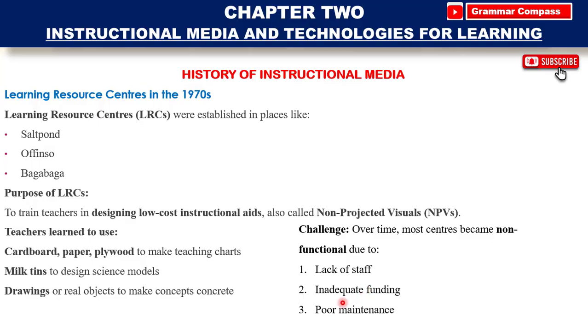And three was poor maintenance of the equipment and the facilities. So while the idea behind the learning resource centers was excellent, the challenge was sustaining them over the years. This part of our history reminds us that innovation in education doesn't always need to be high-tech. It can even be simple local materials that can be very powerful teaching tools.